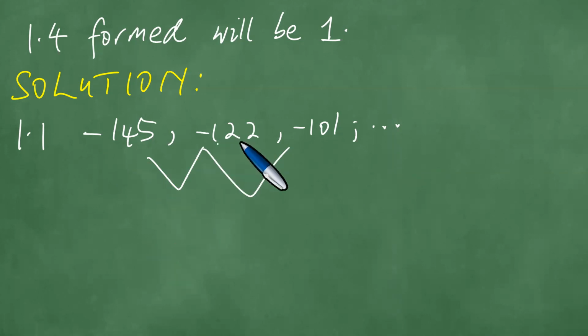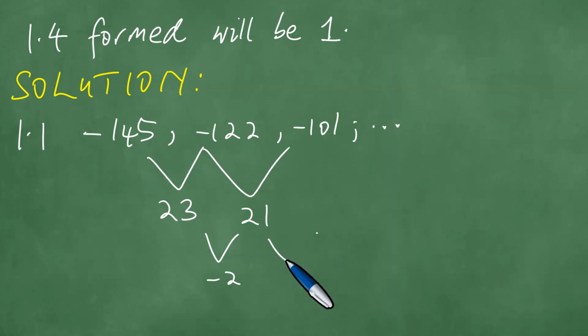That is minus 122 minus minus 145, which is 23. This minus that is going to be 21. And therefore, the difference here is 21 minus 23, which is minus 2. Because it is a quadratic pattern, we expect the second difference to be minus 2 all the time.